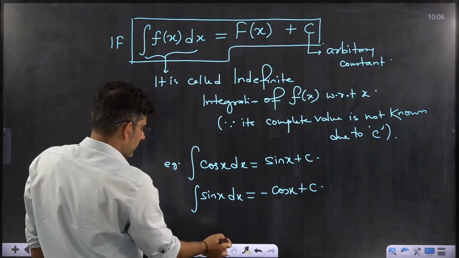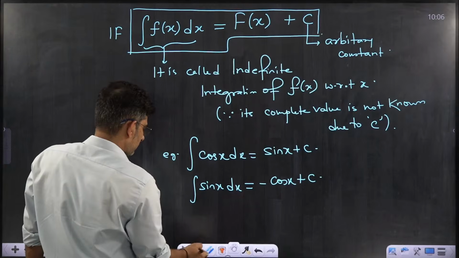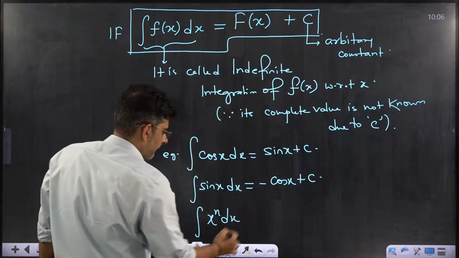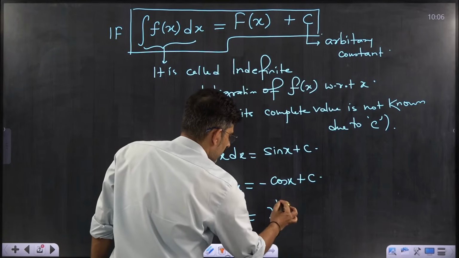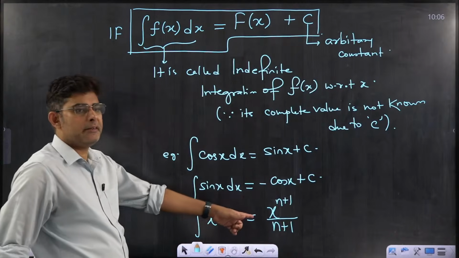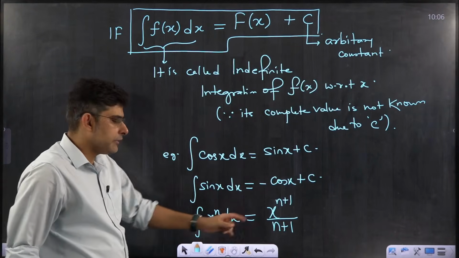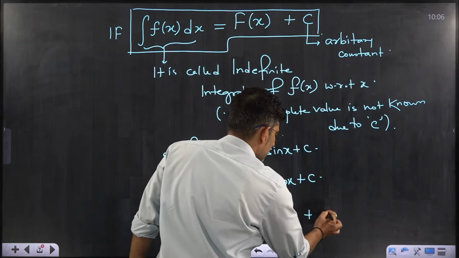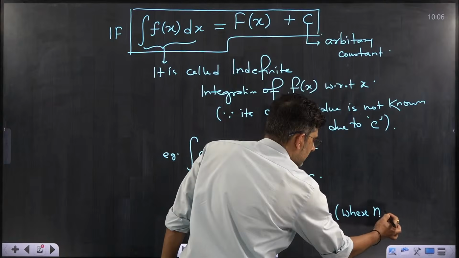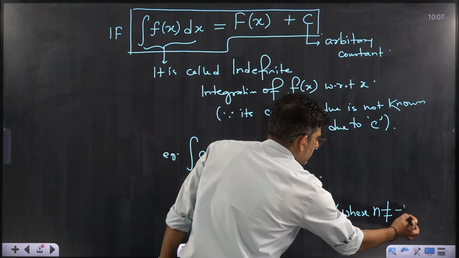When you integrate x to the power n, you get x to the power, increase the power by 1 and divide by the increased power: x to the power n plus 1 by n plus 1 plus c. Remembering what I told yesterday, n should not be equal to minus 1.